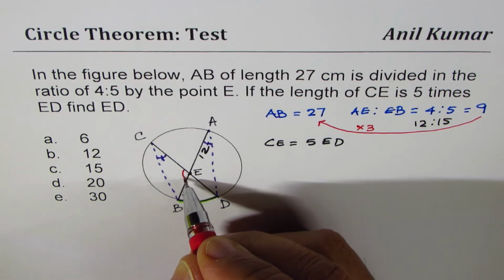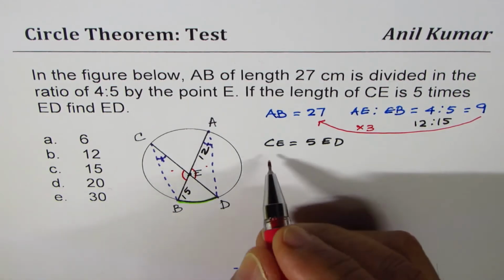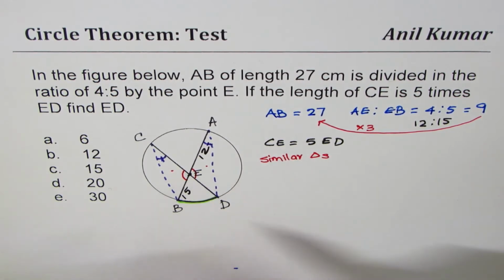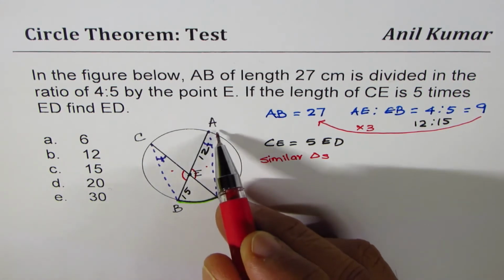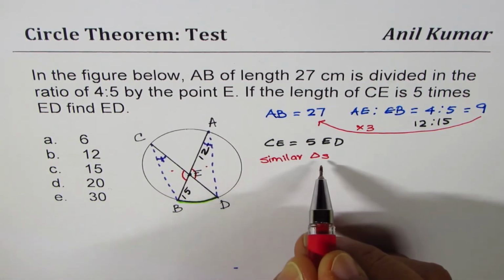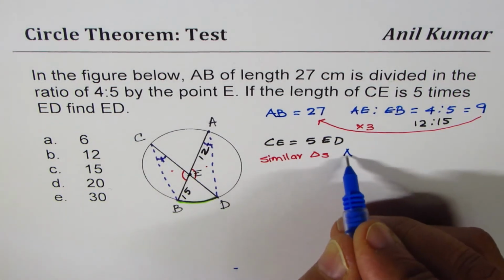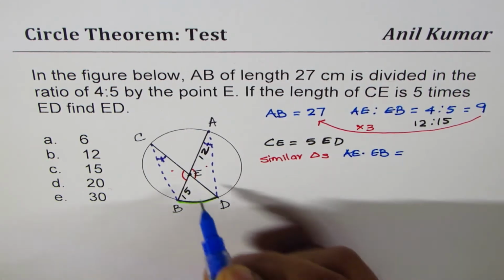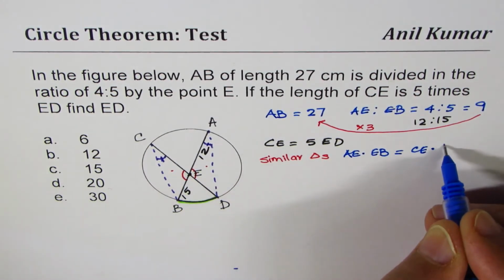And you know, vertically opposite angles are also equal. So we have two similar triangles. Do you see that? So we have similar triangles, right? Since these triangles are similar, their sides are in proportionate ratios, correct? So you can apply this concept of similar triangles, and from that we get that AE times EB is equal to CE times ED.